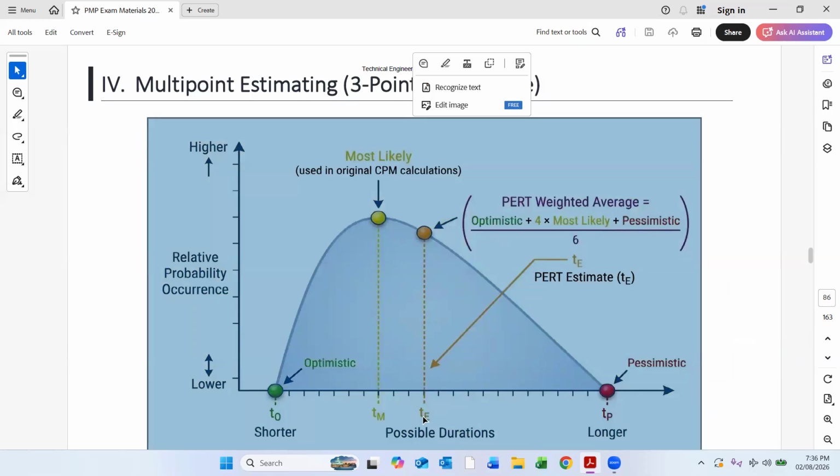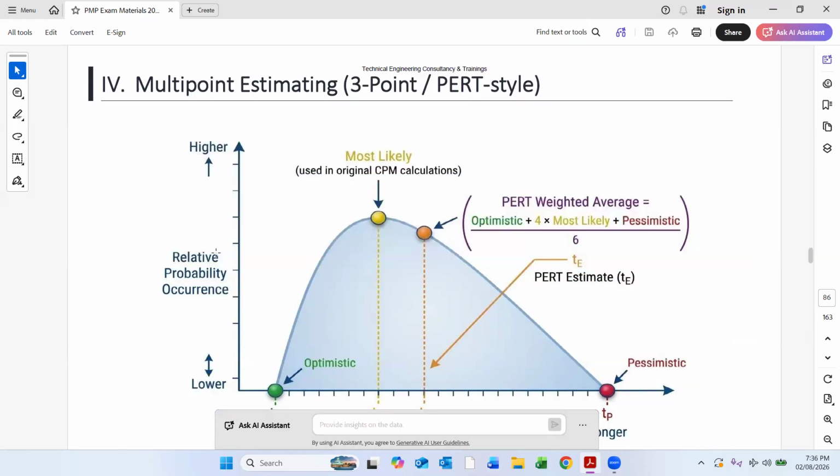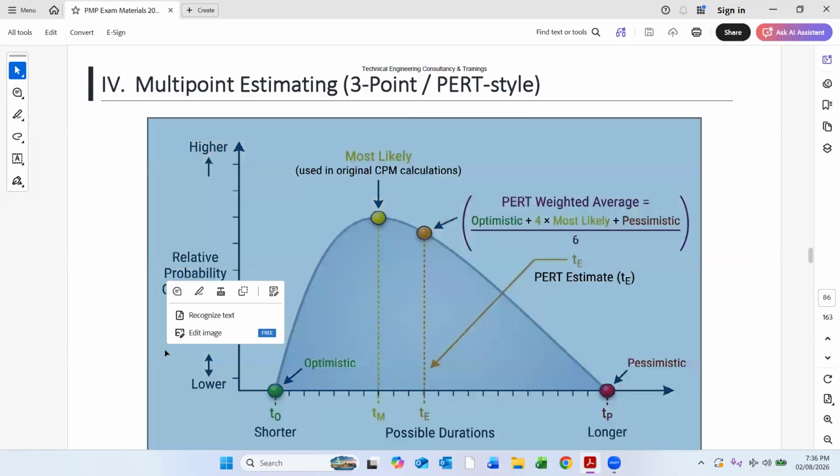So this is the relative probability of occurrence compared to possible durations. This is the occurrence value, and this is the durations value. So this is how this distribution is.